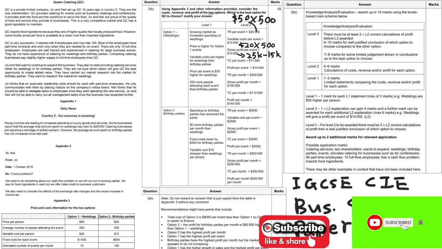Next, we have to grab the total cost of the event. You can see here, the fixed cost of each event is 1,000. There are a total of 10 events per month, so you can do the answer very easily.